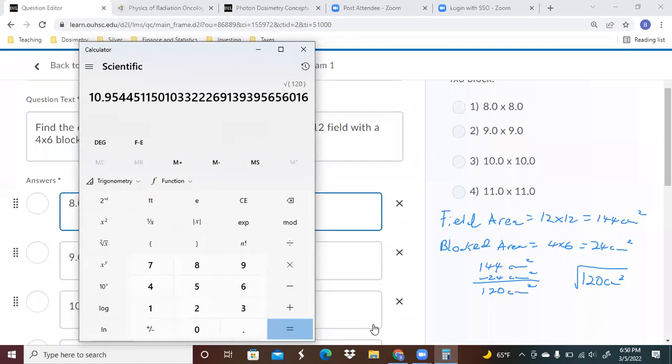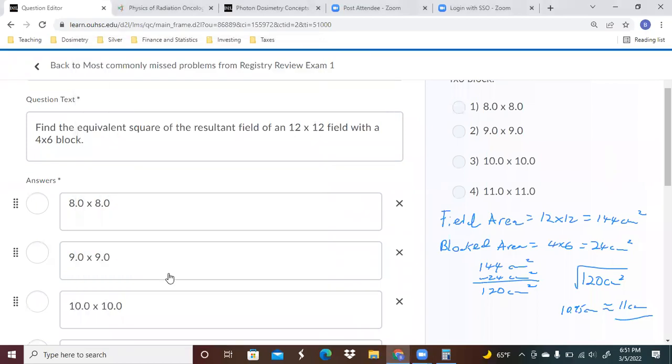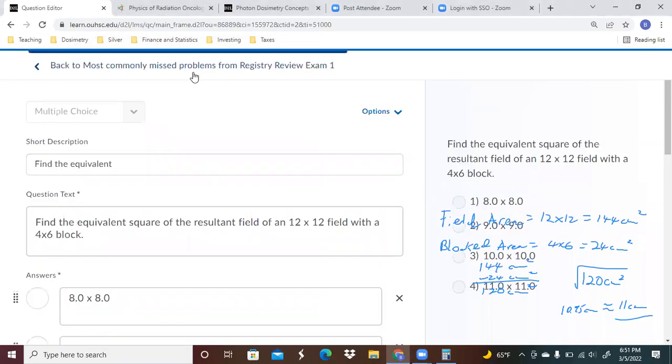And when rounded, it's a square field of 11 by 11. So that's where that comes from.